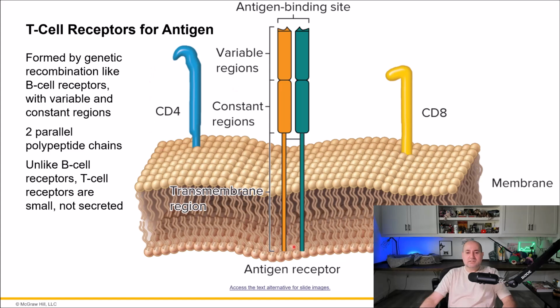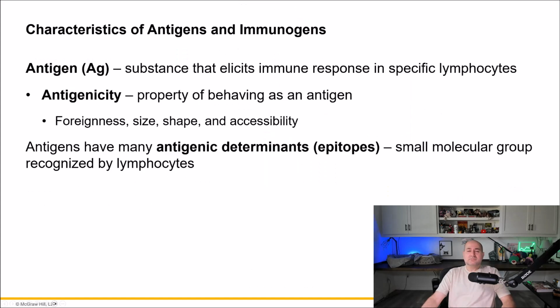Either way, they have the T cell receptor, which again is kind of like an antibody in that it has that hypervariable region and a constant region. But unlike a B cell receptor, this is not an antibody. And remember, those B cell receptors and T cell receptors have that variable region that recognizes specific antigens, or AGs.